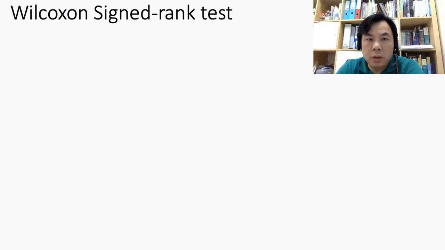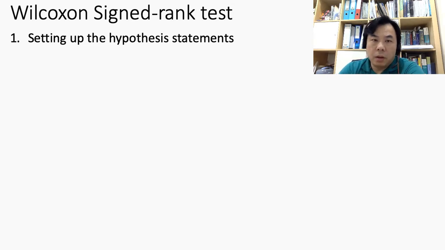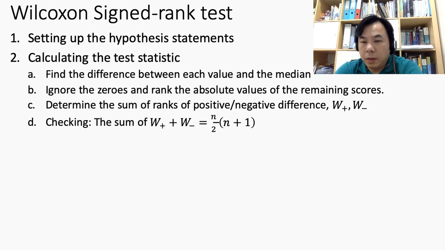Just to show you again the guideline on how to use the Wilcoxon signed rank test. So step one, identify your hypothesis statements. Step two is to evaluate all the deviations and produce the absolute deviation, and then we ignore all zeros, and then create a ranking for all the absolute values, and thereafter we sum up all the positive ranking, and then sum up all the negative ranking, assigning them as W plus and W minus.